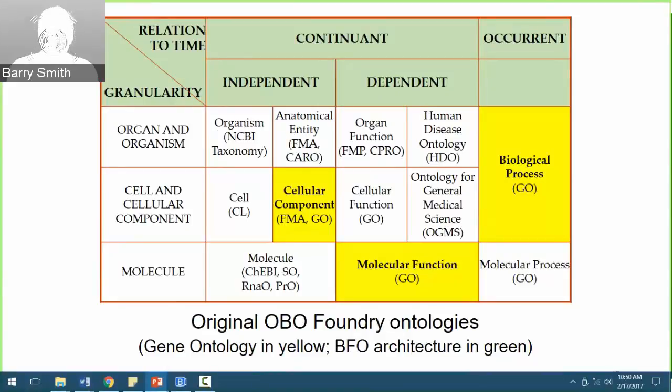So the gene ontology has been used to curate huge amounts of experimental data about the role of genes in different kinds of biological phenomena, including, for instance, cancer formation.